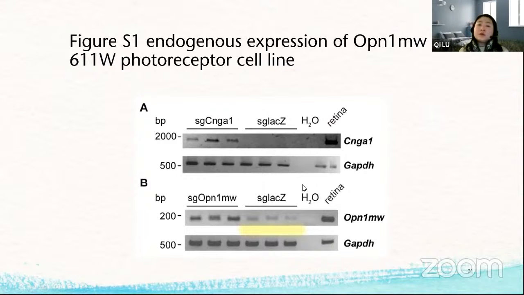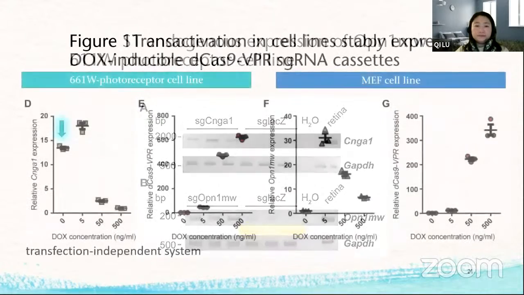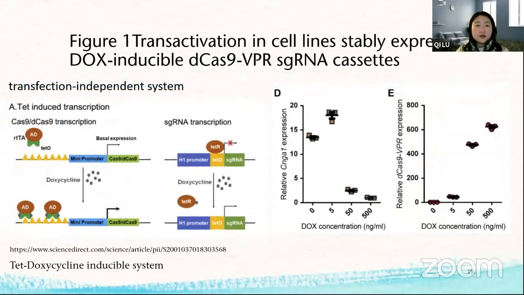That's the reason why in the next step, let's switch to the mouse fibroblast cell line, the MEF cell line. Let's go back. In addition to with or without expression, they also tried an inducible system.